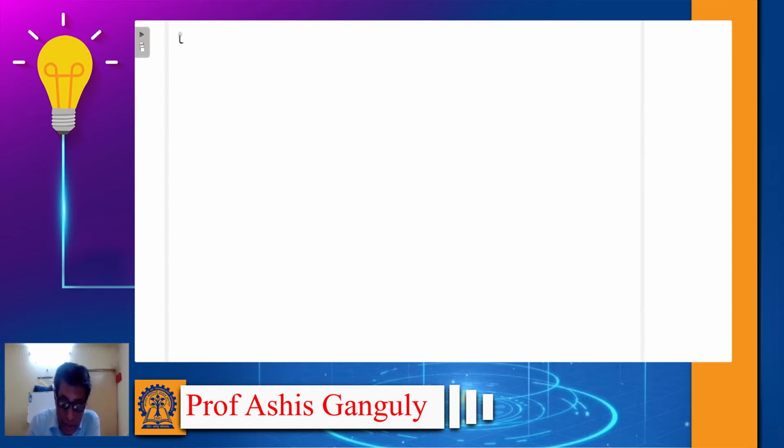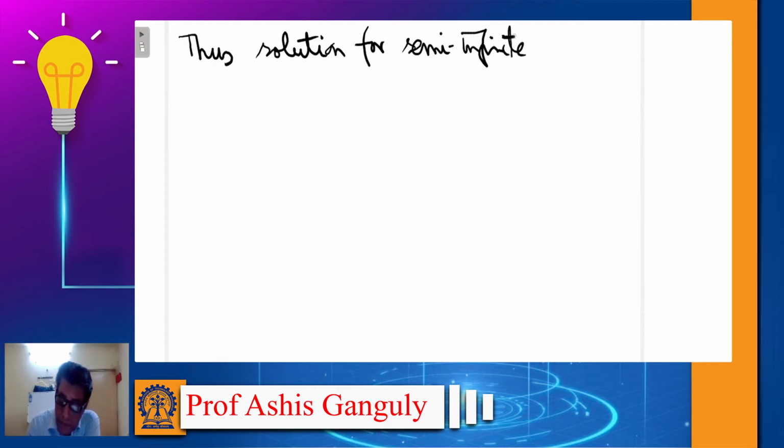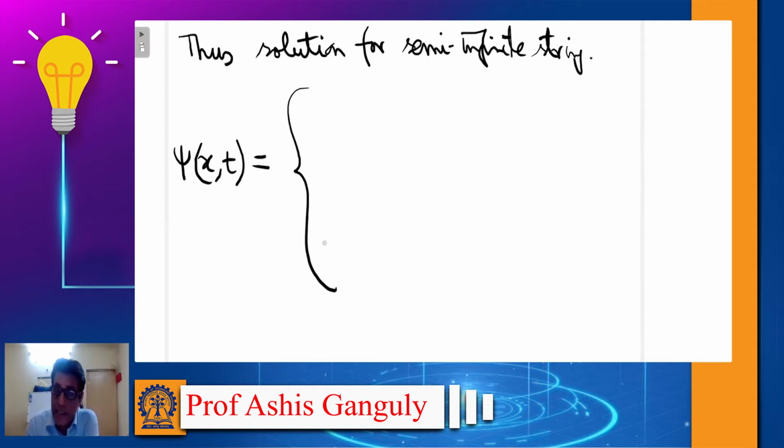So thus the solution for the semi-infinite string we can write in this way: psi(x,t) equal to, for x greater than ct, the solution is the same as was the solution for the infinite string.